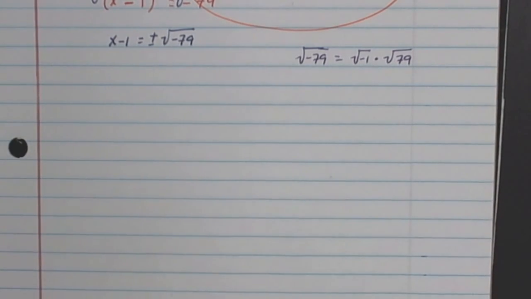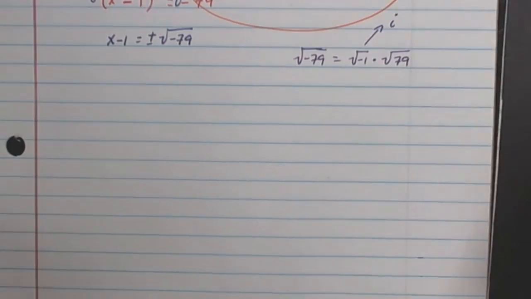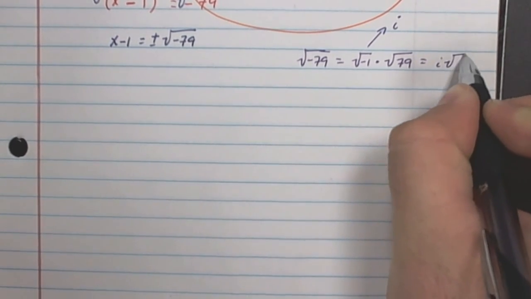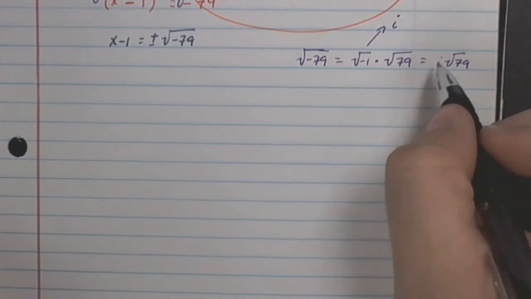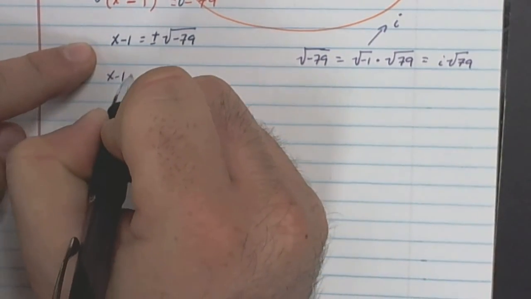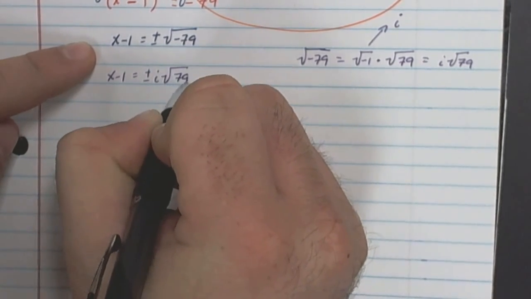And we said the square root of negative 1 is equal to what? i. Sorry, rhetorical question. So this becomes i times the square root of positive 79. And that is what we're going to use over here. So I'm going to rewrite it. X minus 1 is equal to plus or minus i times the square root of positive 79.